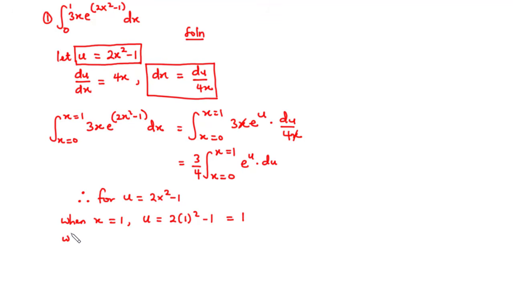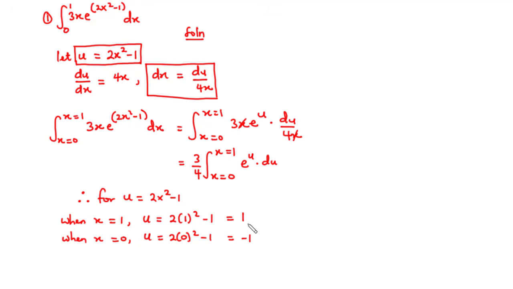And then when x is equal to 0, for the lower limit, we have u equals 2 times 0 squared minus 1. Now 2 times 0 squared is 0, minus 1 is negative 1. So we have the upper limit changing from x equals 1 to u equals 1, and the lower limit x equals 0 changes to u equals negative 1.